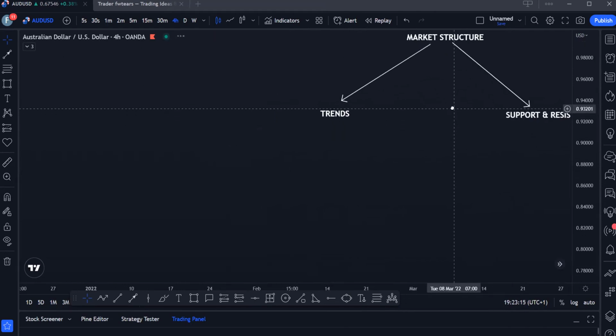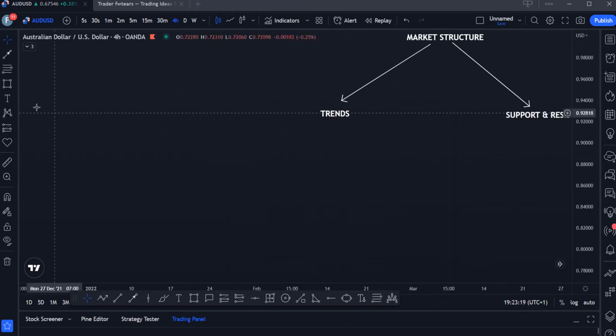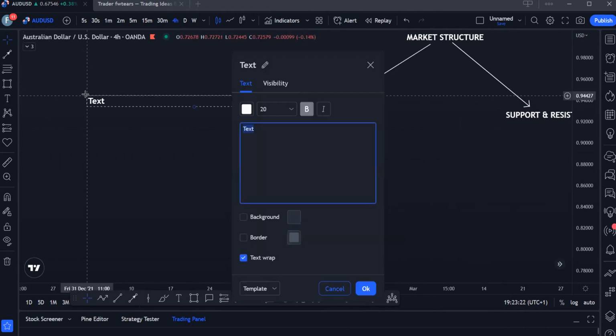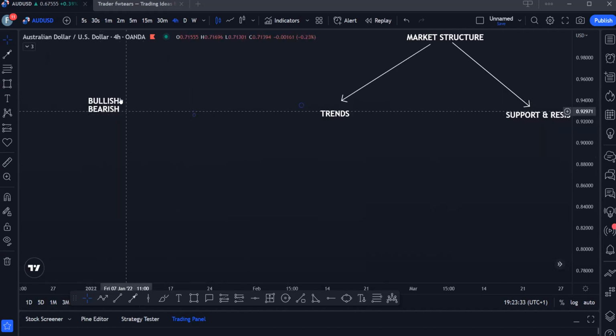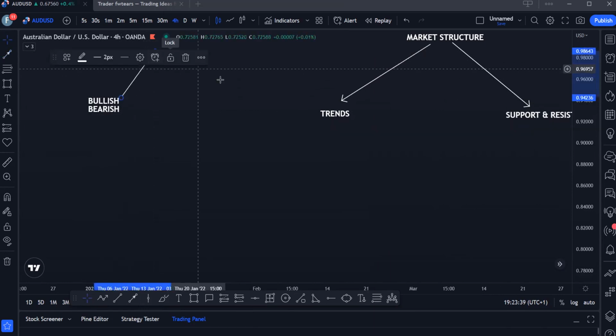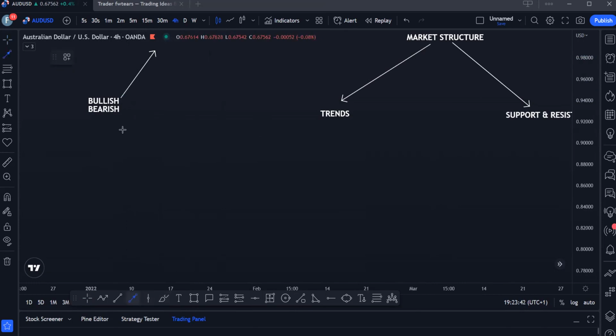So when price is bullish, bullish means that price is going up. So we have bullish momentum, and then you have bearish momentum. When you say the market is bullish, that means price is going up. When you say the market is bearish, that means price is going down.